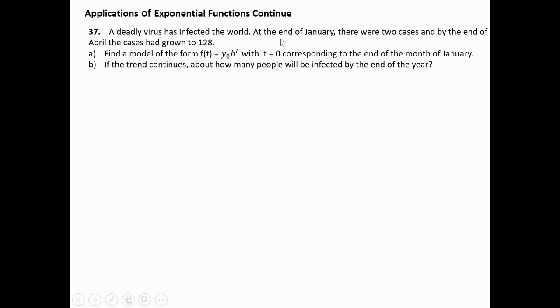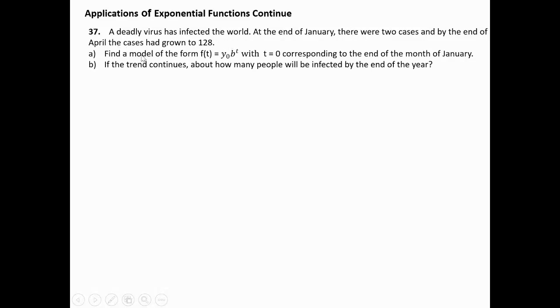I believe this was in the United States, if you guys can recall. The coronavirus started in China, according to the news. I believe the first 2 cases were towards the end of January, in Washington, and by the end of April, it had grown to 128 cases here in the United States because the virus had begun to spread.